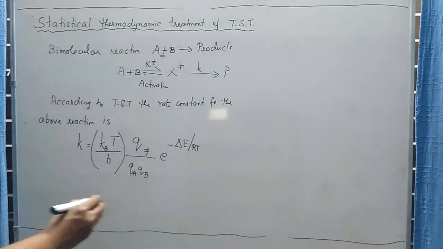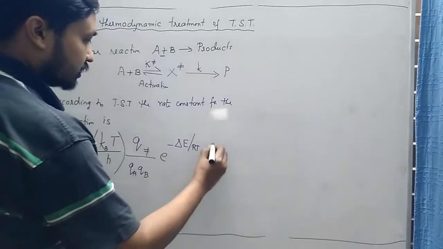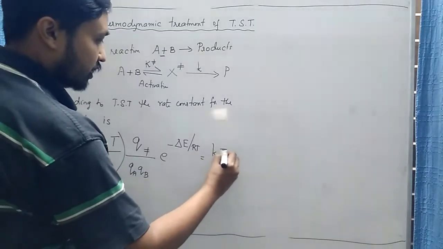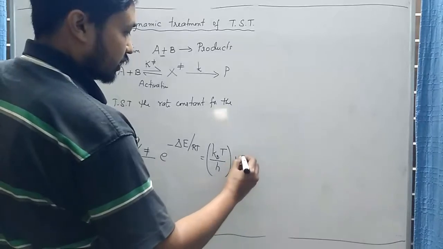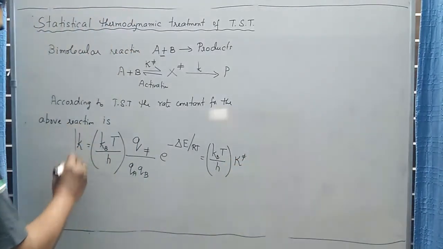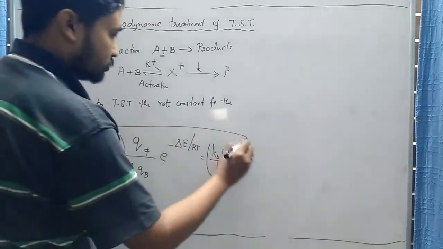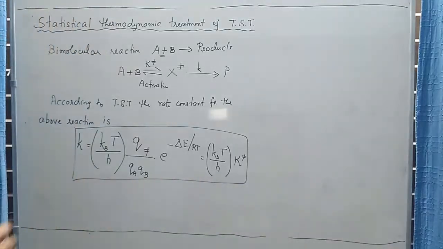This can also be written as K_B T divided by h into K dagger. This is the expression for the rate constant of a bimolecular reaction according to transition state theory.